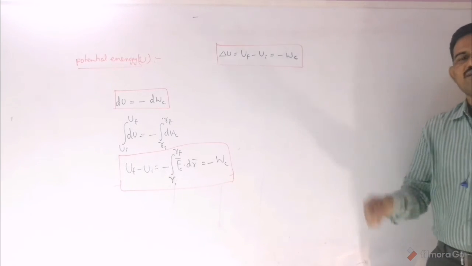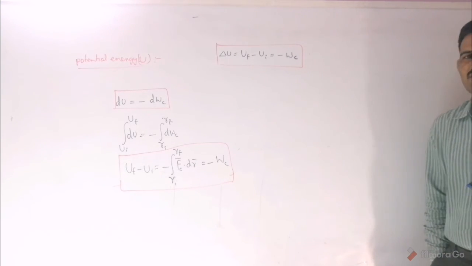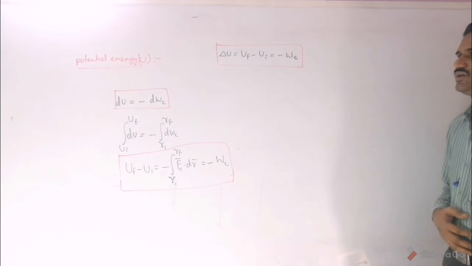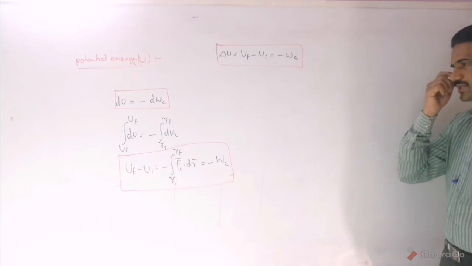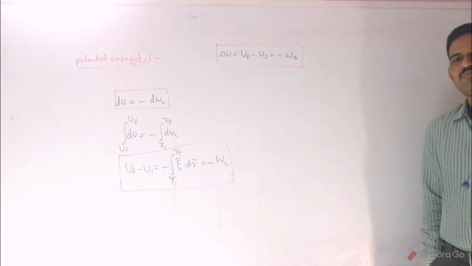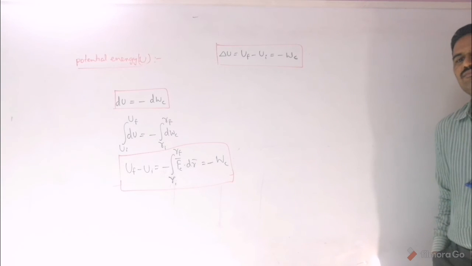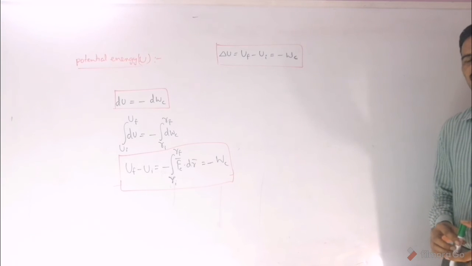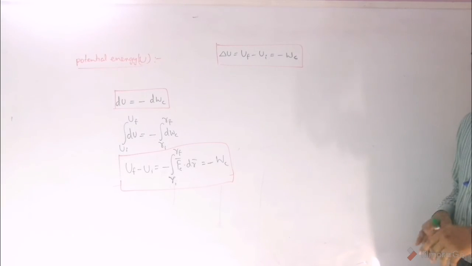If you want to define potential energy for a particular point, then we need to write this absolute potential energy. To define absolute potential energy at any point, we need to take some reference, which is generally taken as infinity, where potential energy is 0.